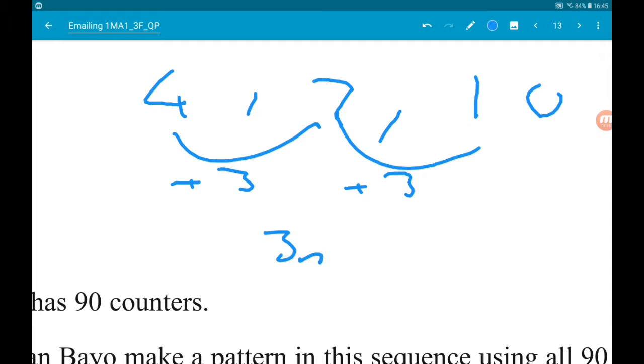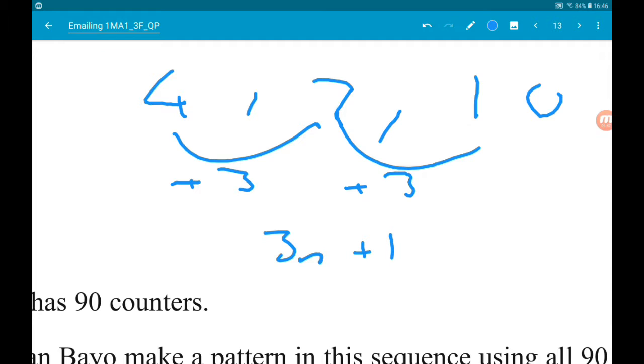So we know the first term is 4. For the first term, n is equal to 1. So if we substitute that in, we get 3 times 1 is 3. And then we need to either add or subtract something to get up to 4. So as it goes, we're going to need to add 1.